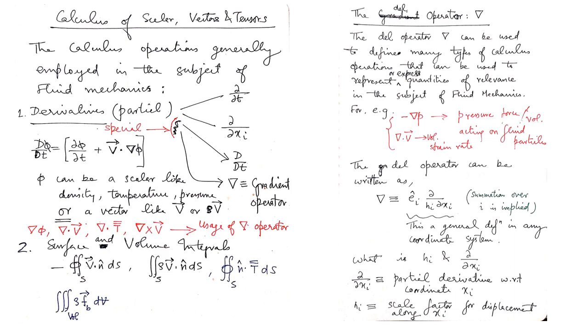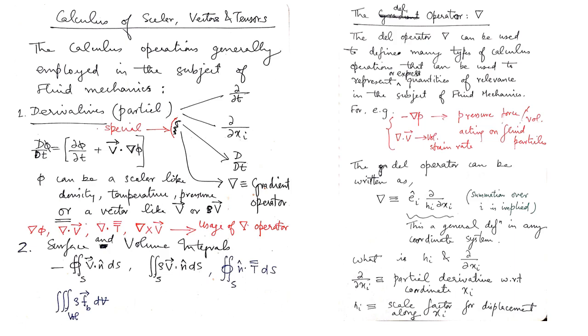So here also the del operator plays a role in the capital D dt material derivative. Therefore it's vitally important to start talking about the del operator. The del operator can be used to define many types of calculus operations that can be used to represent quantities of relevance in fluid mechanics.